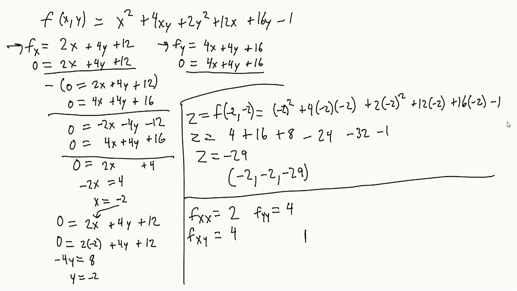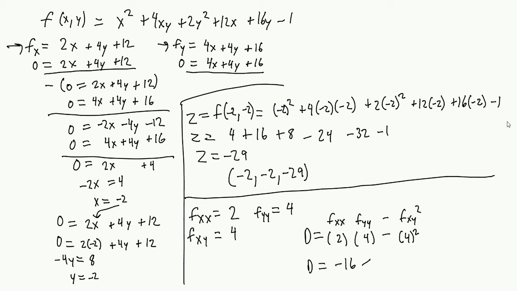Alright, and again, remember the formula for d: f double x, which is 2, times f double y, which is 4, minus f sub xy squared. So that's 4 squared. 2 times 4 is 8. 4 squared is 16. 8 minus 16 is negative 16.